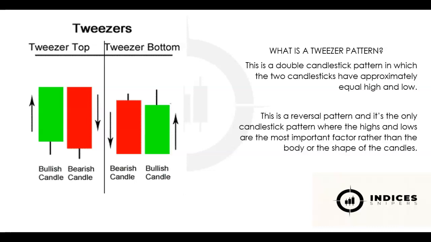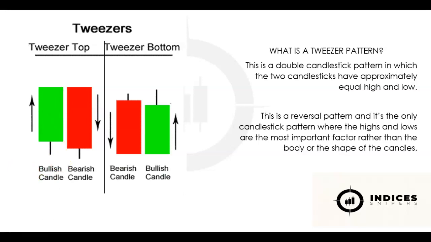We're going to come into the details much later, but basically it's a candlestick pattern in which you have two candlesticks having equal high and low. In this one we have a bullish candle, and usually, like I said, it comes at the end of a trend.